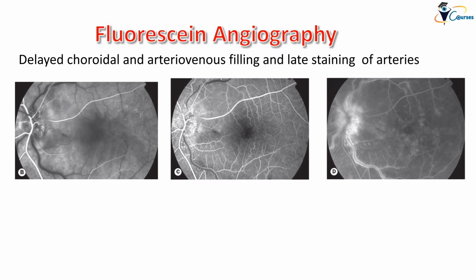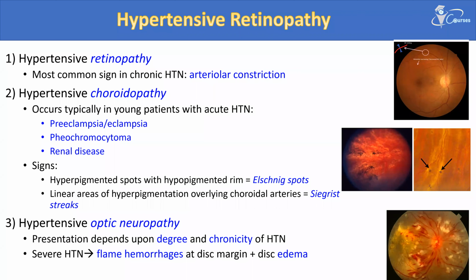The next disease is hypertensive retinopathy. So what is the effect of hypertension on the eye? Hypertension can result in hypertensive retinopathy, or choroidopathy, or optic neuropathy.